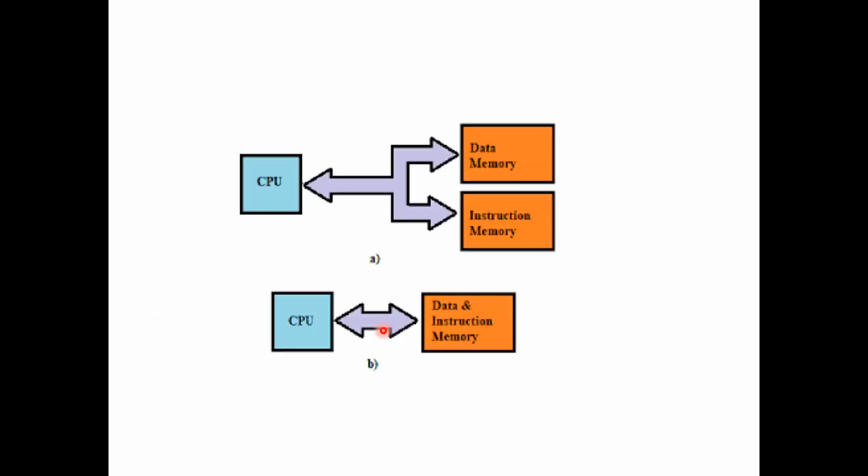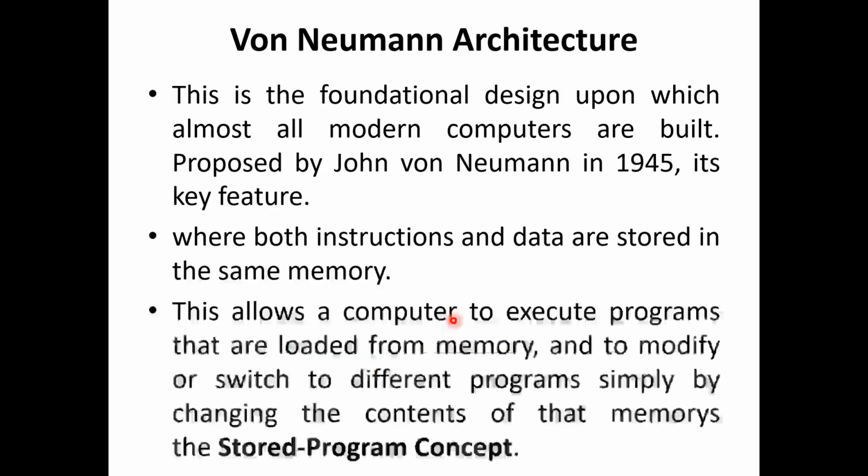You can understand the difference between Von Neumann and Harvard architecture. So this diagram shows the Harvard architecture, with separate memory for data and for instructions, and here the Von Neumann architecture has a single memory holding both data and instructions.